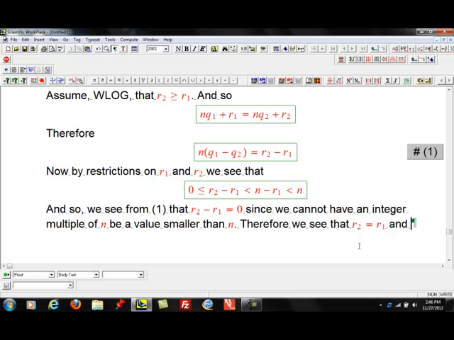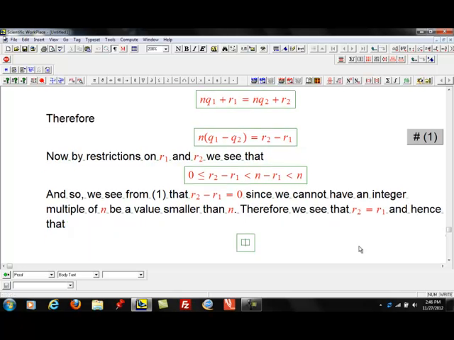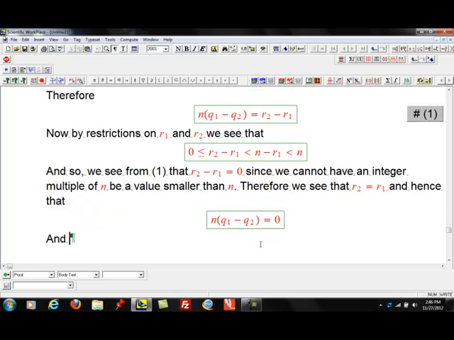And so then we have n times q1 minus q2 has to be equal to 0. But if n times q1 minus q2 equals 0, and since the integers are an integral domain, n is not equal to 0. It was a positive integer.